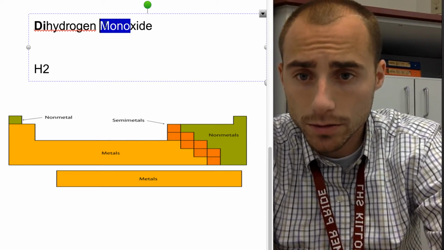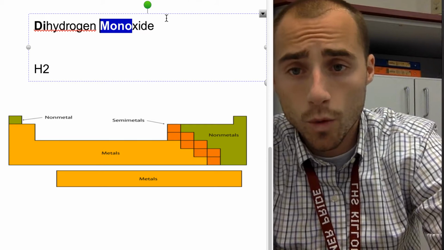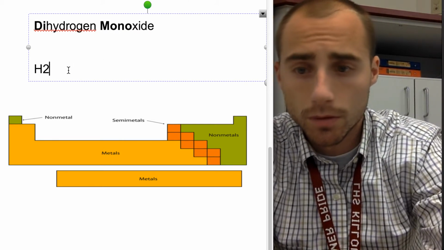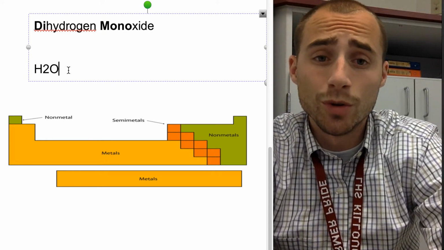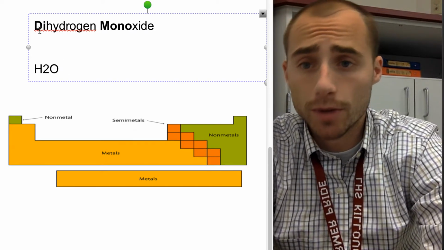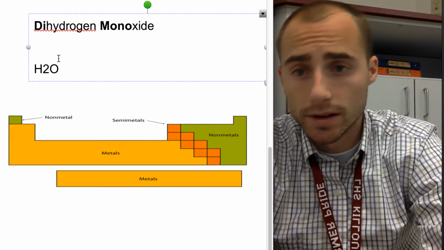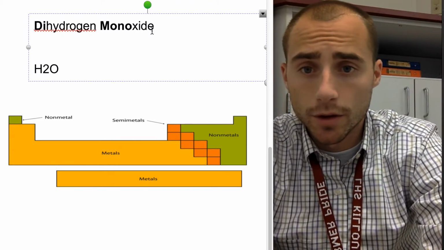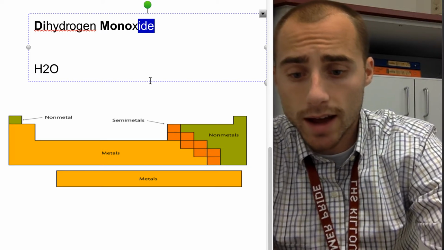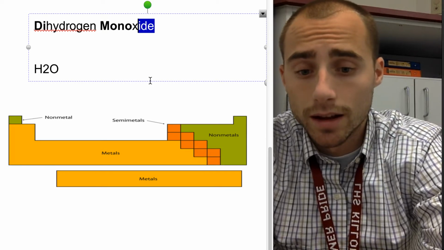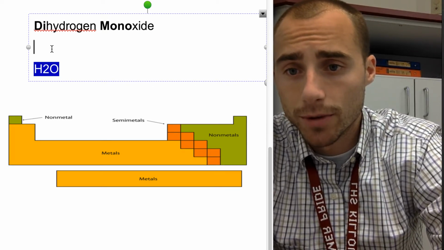And then mono is the prefix for 1 and oxygen, so H2O. It's H2O because we have dihydrogen, which is H2, monoxide. So that's 1 O. Don't forget, we have to end the second word in "ide," so that's why it's not monoxygen, it's monoxide. Okay? Dihydrogen monoxide is H2O.